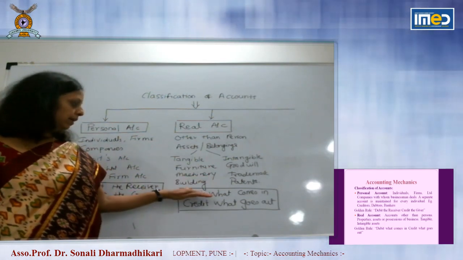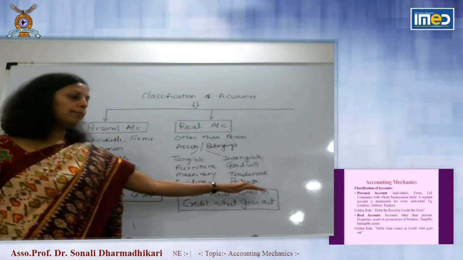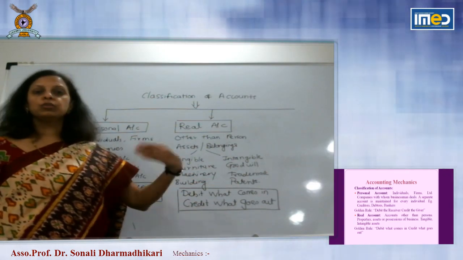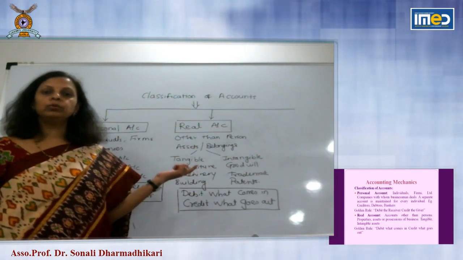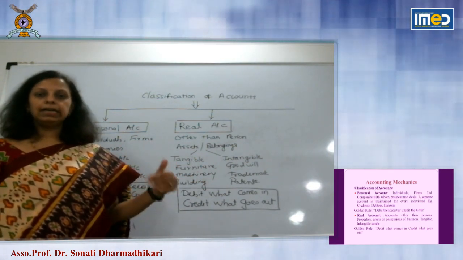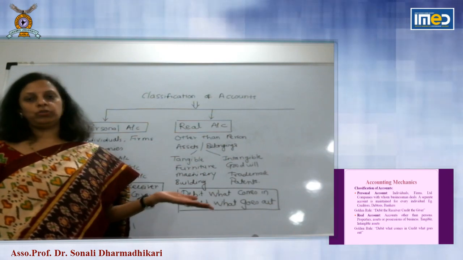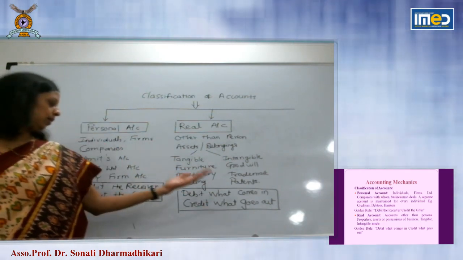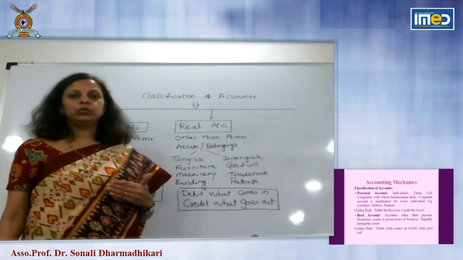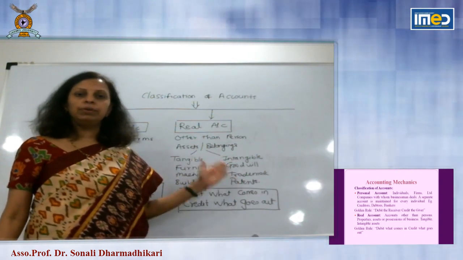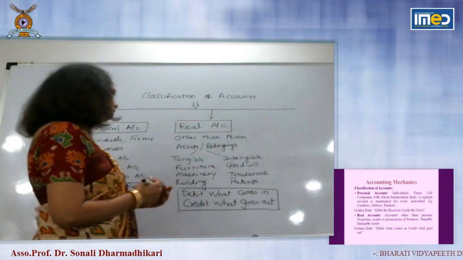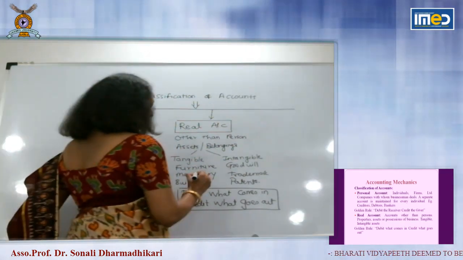So debit the account which is coming into the business and credit the account which is going out of business. So the rule is simple to understand. Debit what comes in, credit what goes out. For example, if you purchased goods, goods are coming into the business, so they will be debited. So goods comes under real account. Cash comes under real account.